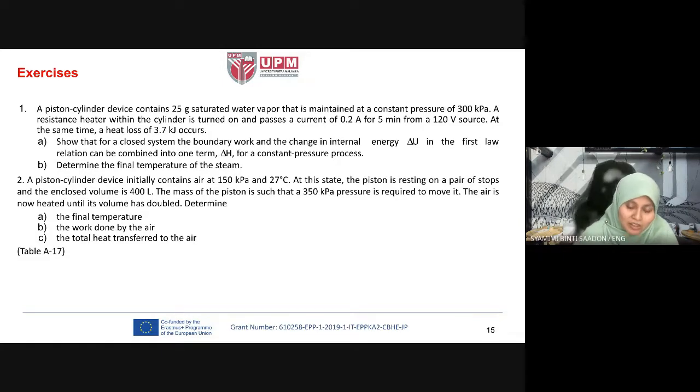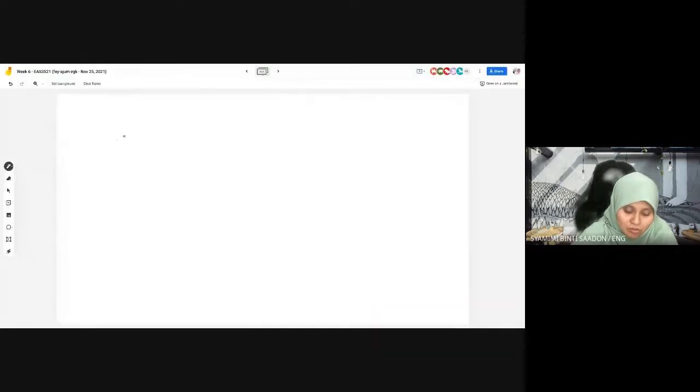But from 2 to 3, you have the boundary work. Or from the diagram just now, you can calculate the area.